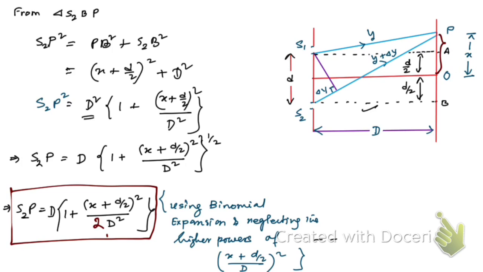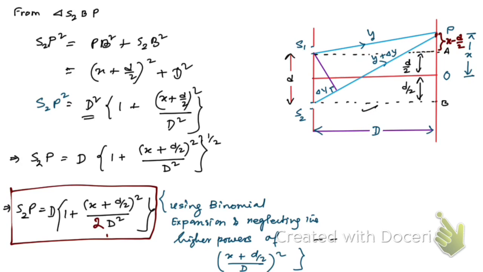So now this part PA is x minus d by 2. Now this is nothing but d.